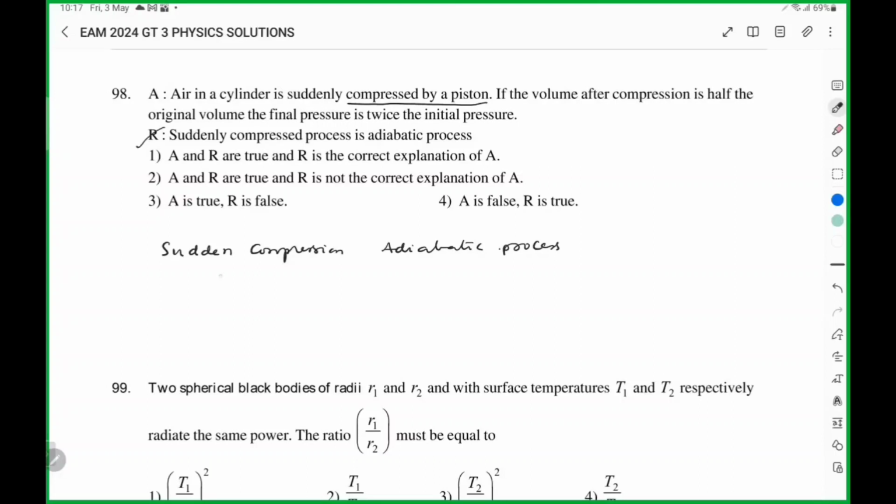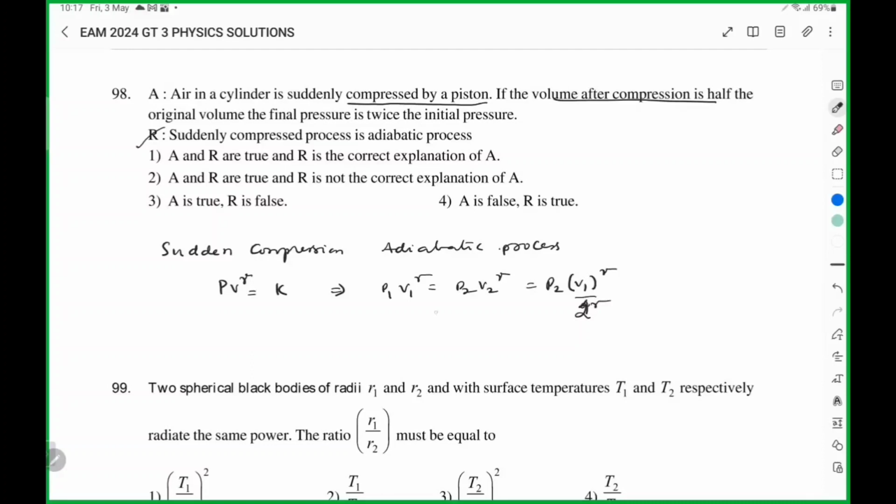And since it is adiabatic process, PV power gamma is constant. So P1 V1 power gamma equals P2 V2 power gamma. V2 here, the volume after compression is half of it, so 2 power gamma.